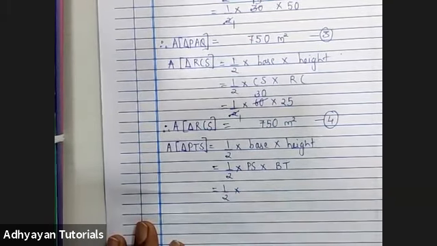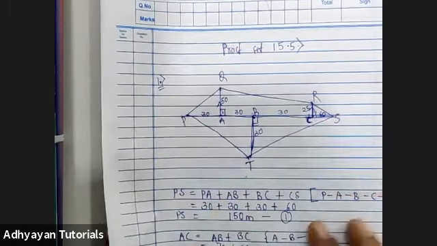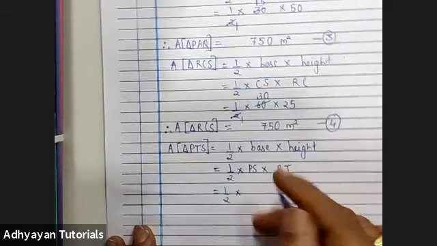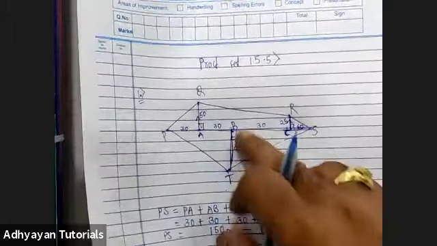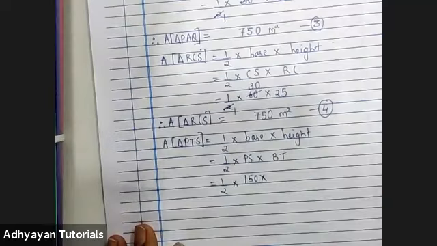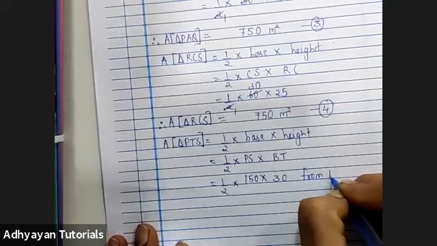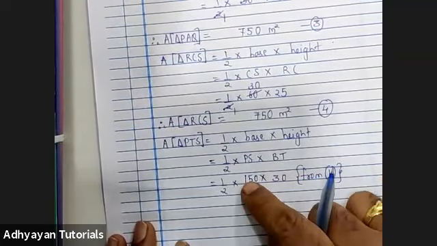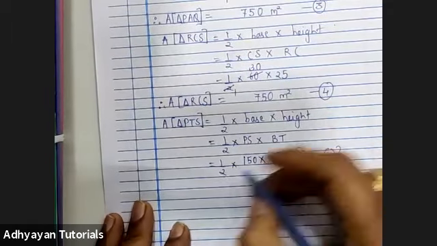Now, if you look at the figure, PS's value is not directly given, but if you all remember, we have already found it out, 150 meters, right? And BT's value is directly given to us in the figure, 30. I hope everybody has understood why I am writing from 1 here, because the value 150, I brought it from equation 1, right?